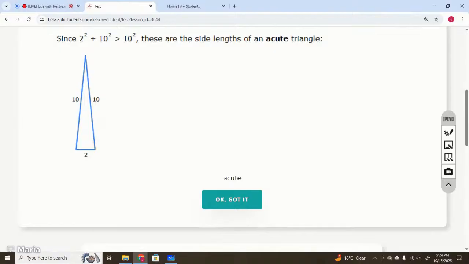Yes, that is an acute triangle. If the sum of the squares of the other two sides is greater than the square of the hypotenuse, then that is an acute triangle.